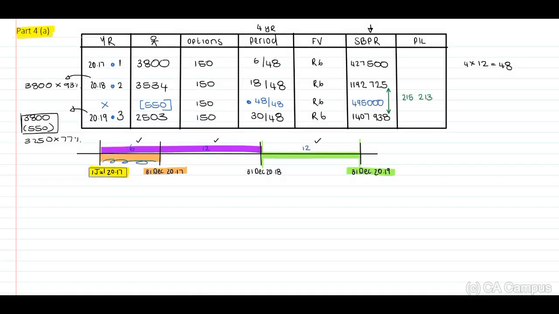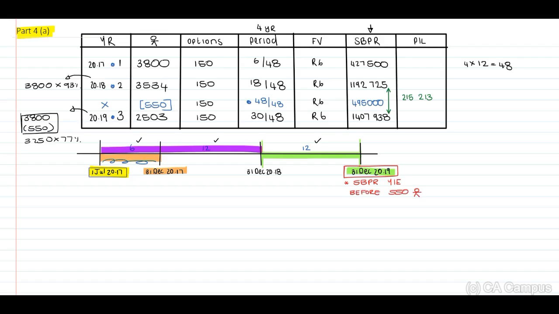Right, you guys, listen and listen carefully. Remember, we need to prepare the journal entries at year end. Therefore, what should the share-based payment reserve be at year end? And this will be before the 550 employees cancelled. Okay?